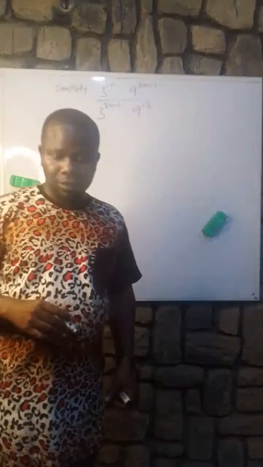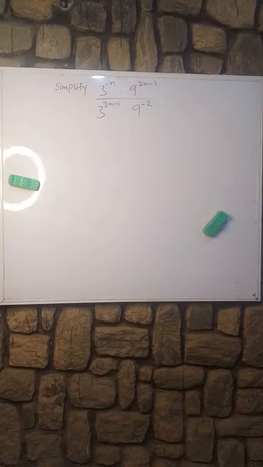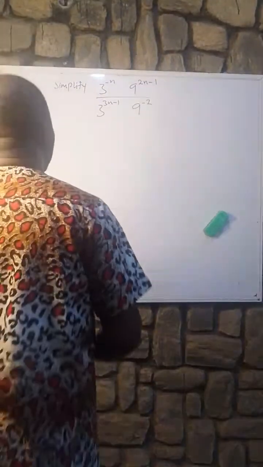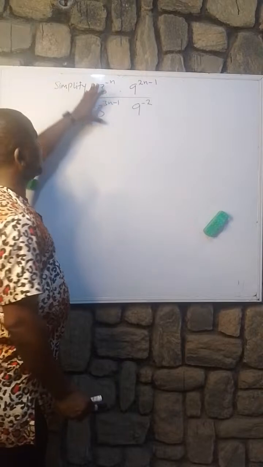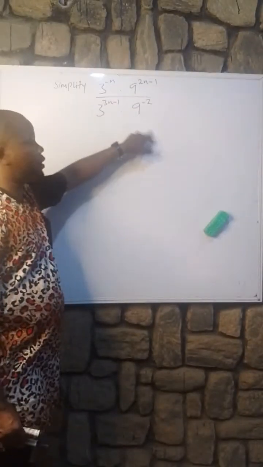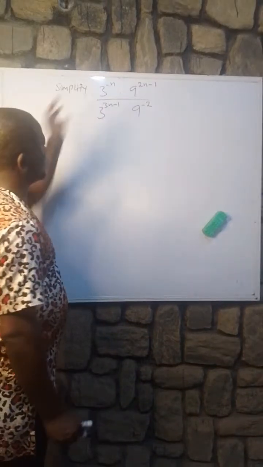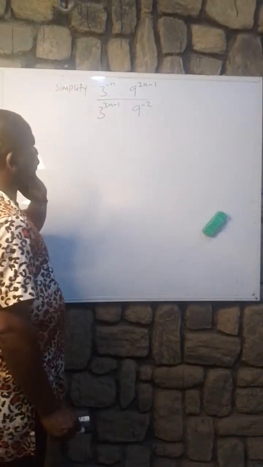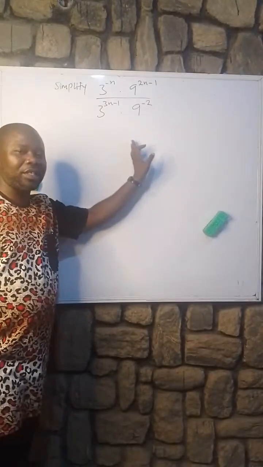Is that clear? So I'm going to break it down for you so that you will understand it better. When you come across expressions of this form, because they are expressions, not equations, what you first consider is to go back to your indices.